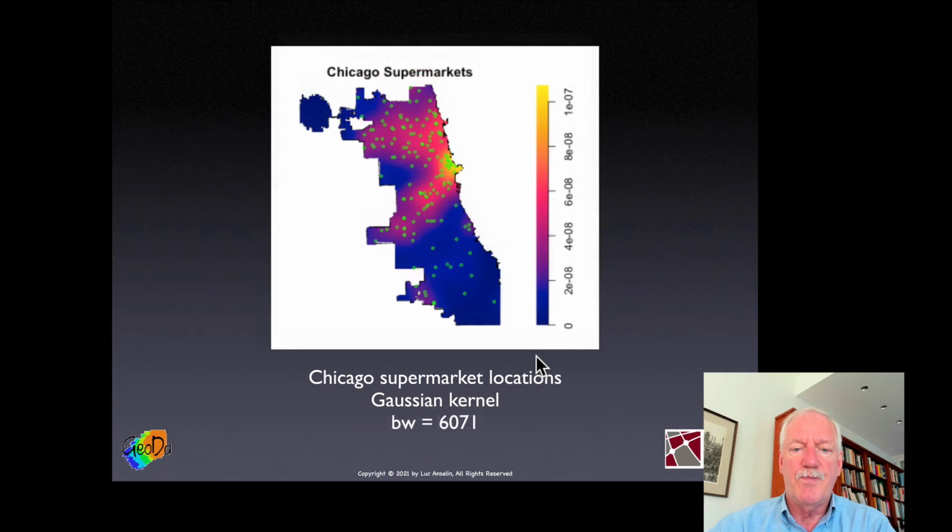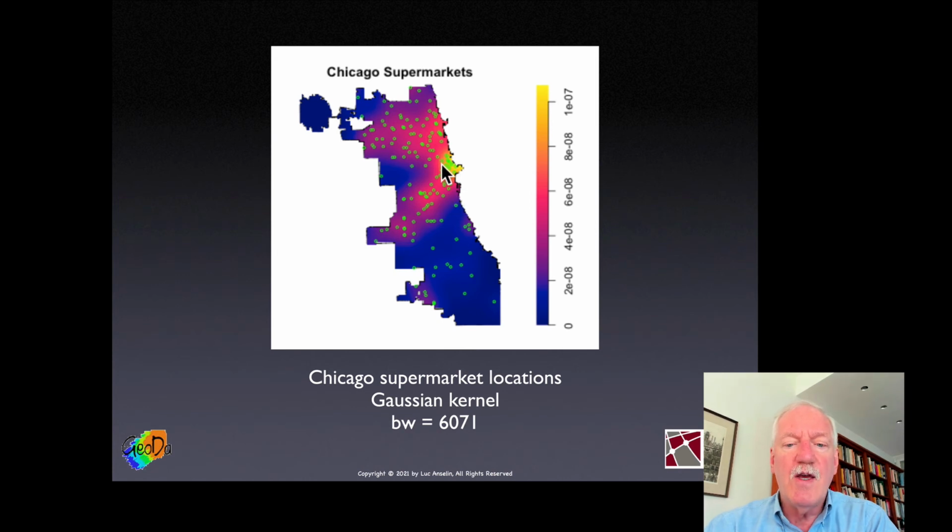What does that do? Much more dark colors. Why? Because the bandwidth is much smaller, so you have the circle around these points, and they might very well not count any others or very few others, so they get much darker.